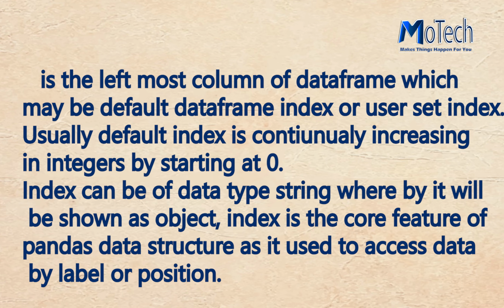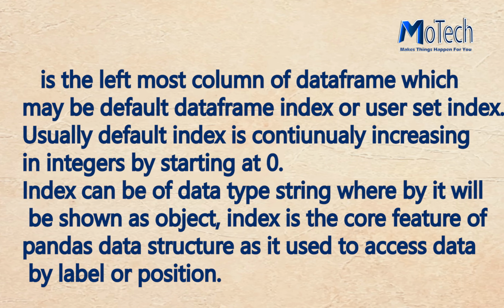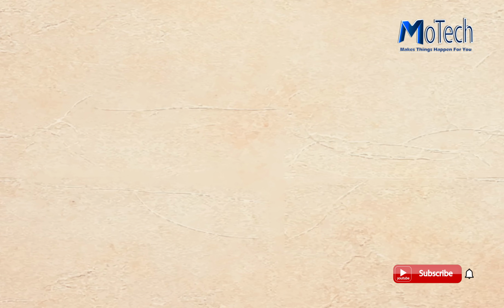Index can be of data type string, whereby it is shown as object. Index is the core feature of pandas data structure, as it is used to access data by label or position. Also, you can have multiple index or single index according to the need of their use.